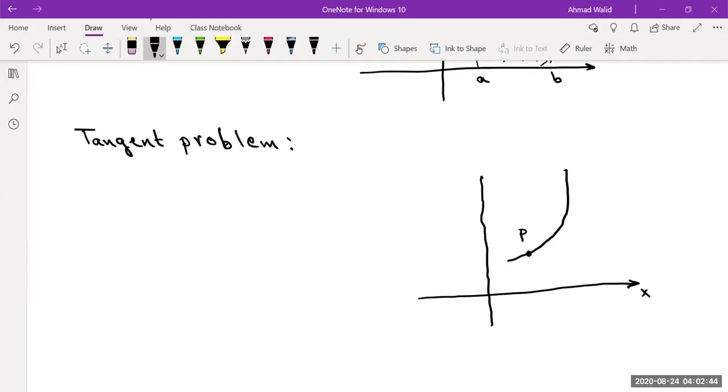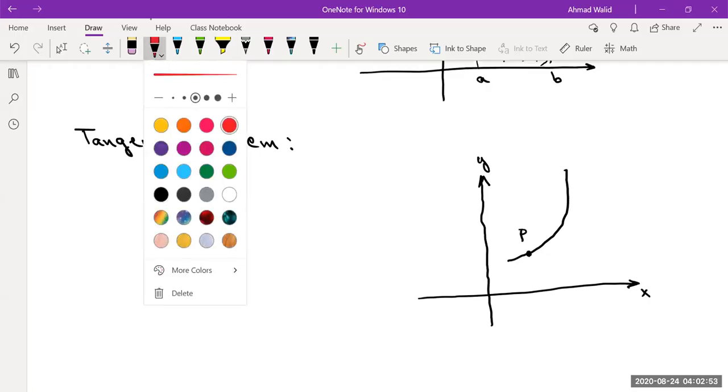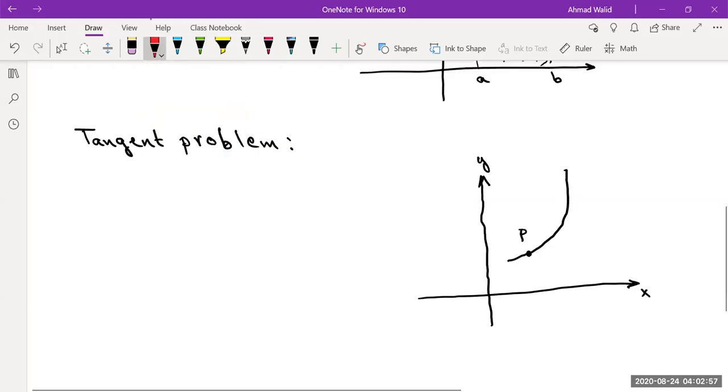This is the x-axis. This is your y-axis. If I draw here a line that touches the curve only and only in one point. Hopefully you remember from your geometry or from your trigonometry, which is pre-calculus, what is a tangent line?